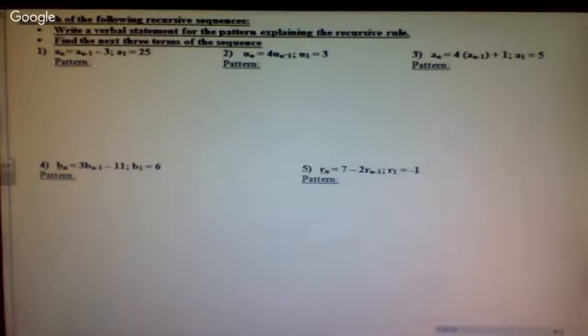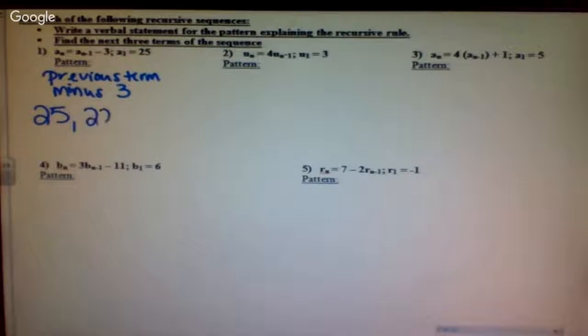So this says the previous term minus 3. You take each previous term and you subtract 3 from it. So if I start at 25, I need the next 3 numbers in my sequence. Where am I going? 22, 19, and 16.